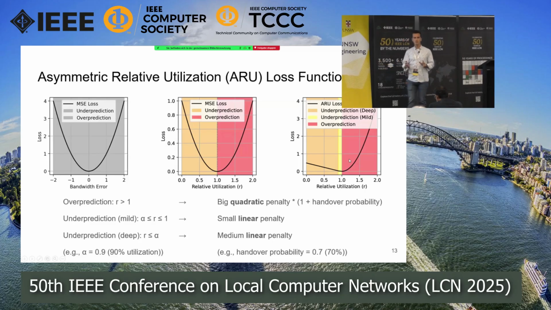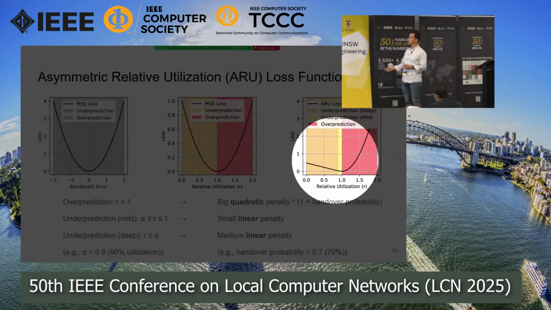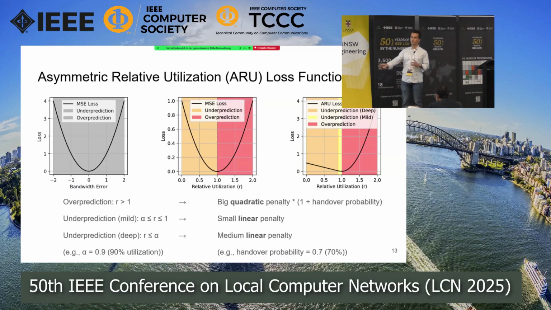This is the sweet spot of the network, let's say 90 to 100% network utilization. You also don't want to be really close to 100% because this will also increase congestion. So we have a smaller linear penalty in the middle and an increasing medium linear penalty when we have lower than 90% utilization.